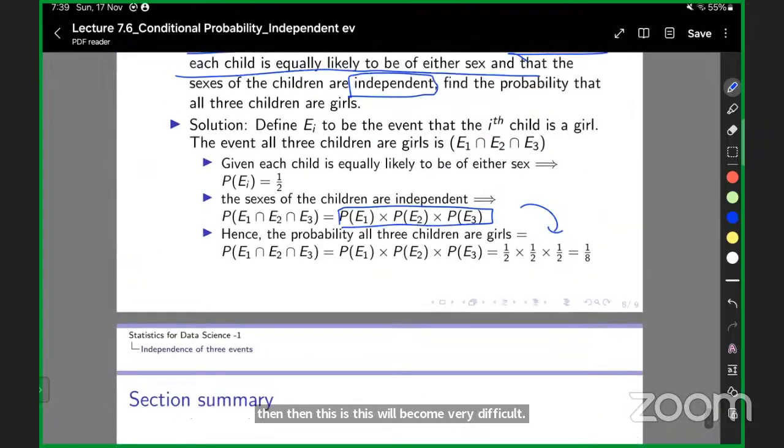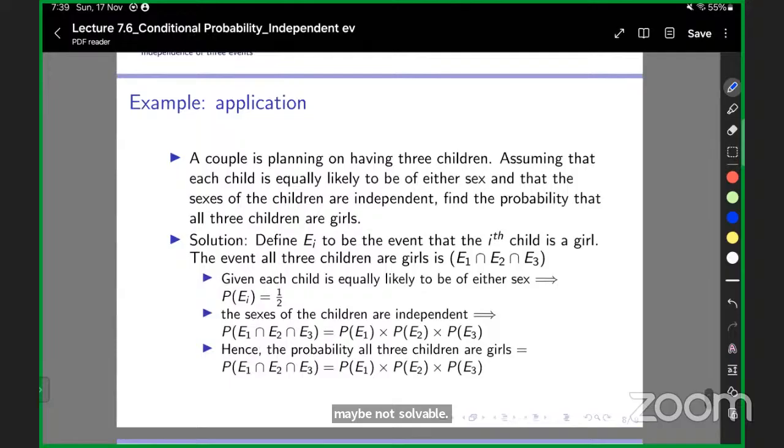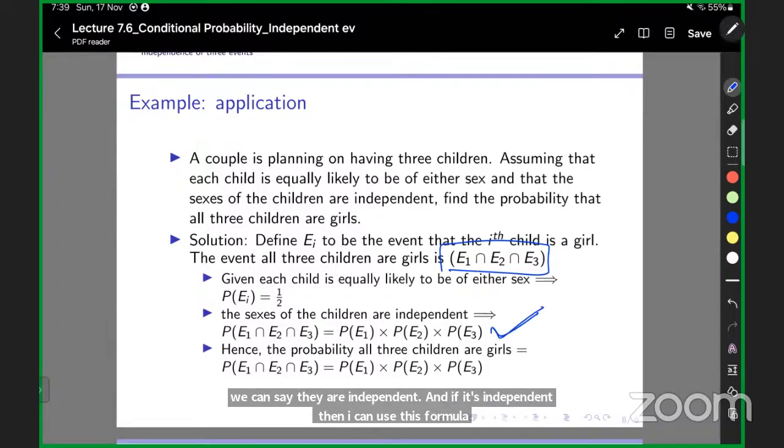So we saw how to figure out independent and dependent cases. We use this formula: if it holds for all of them and each pair of them, then we can say they are independent. If it's independent, then I can use this formula.